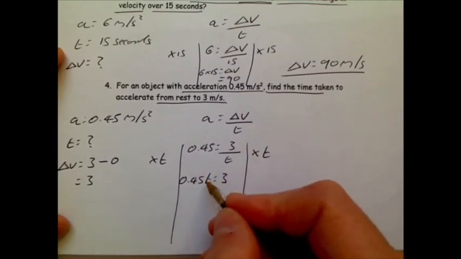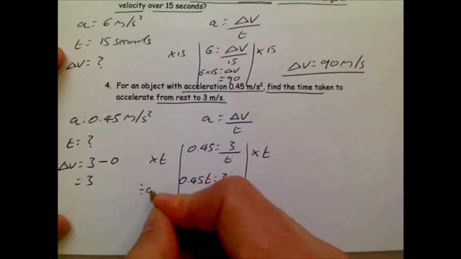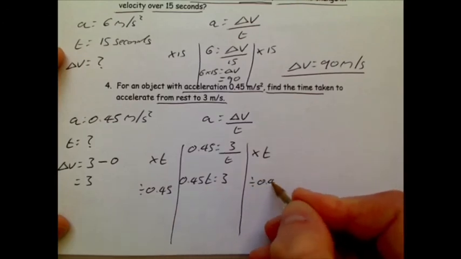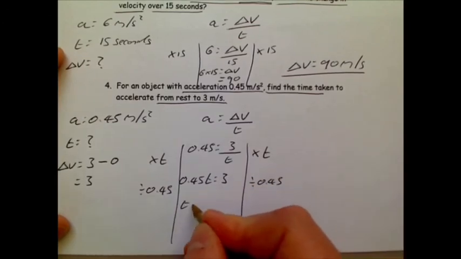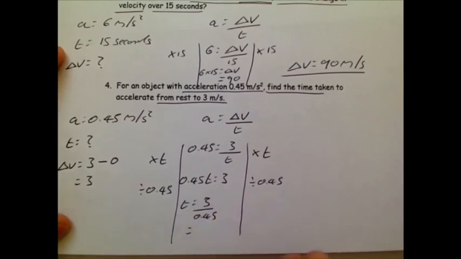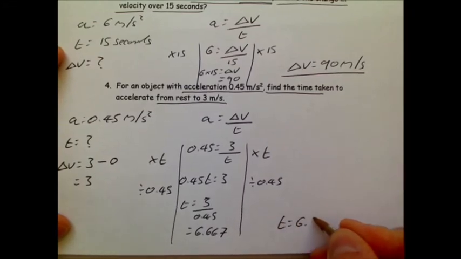I want to get the T on its own here, so I'm going to divide by 0.45. Do that on both sides. T therefore equals 3 divided by 0.45, which equals, if I type that into a calculator, 6.667. So my time is 6.7 to 1 decimal place seconds.